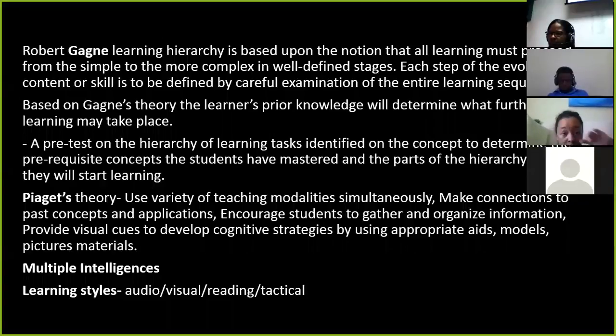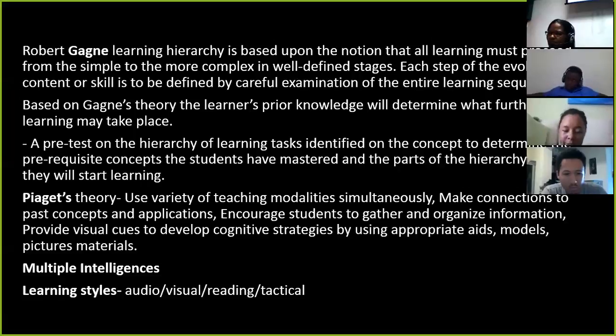Multiple intelligences, we learned about that last quarter, and without going into too much detail, we can look at the various aspects of the multiple intelligences, visual, kinesthetic, audio. We can use those various styles of learning in utilizing or sharing concept maps with our students.